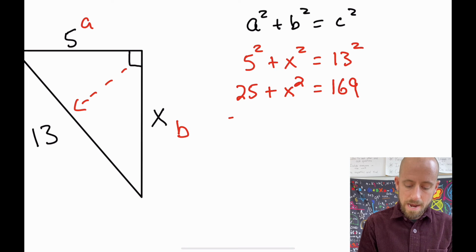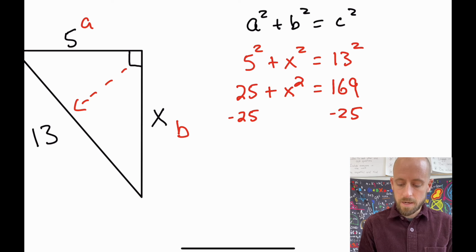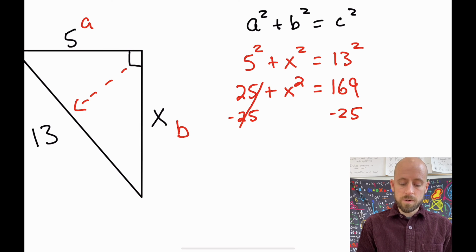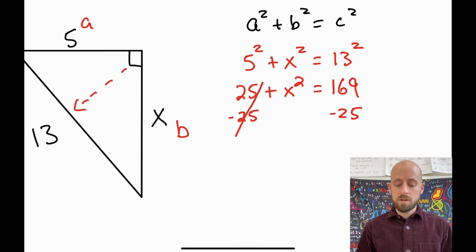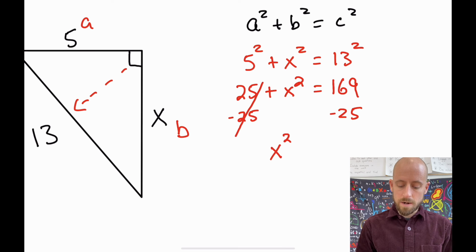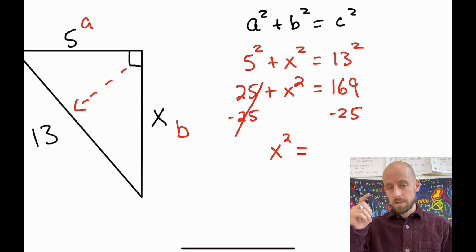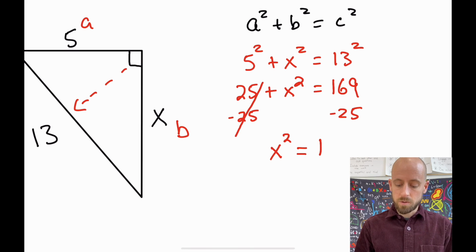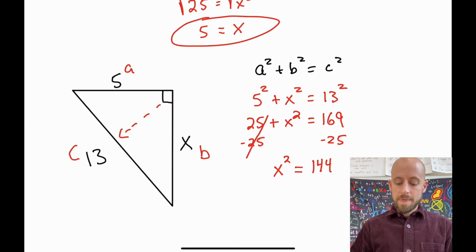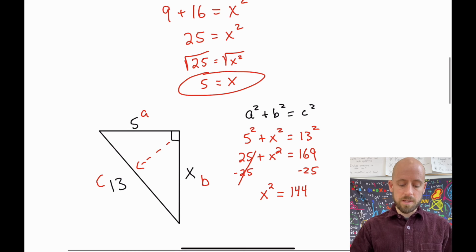So I'm going to subtract 25 here from the left side and from the right side so that the 25 minus 25 becomes 0. And I'm just going to be left with x squared on the left side of my equal sign. And then I have to do the math. 169 minus 25. Calculate. You can use a calculator. You get 144. Okay? And that is the different step in this one, right?